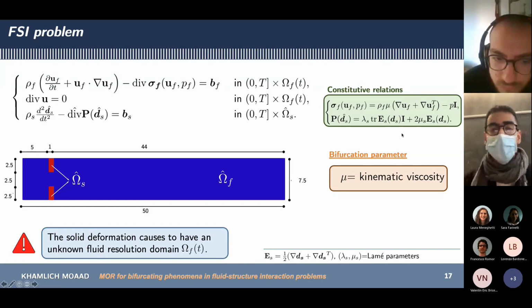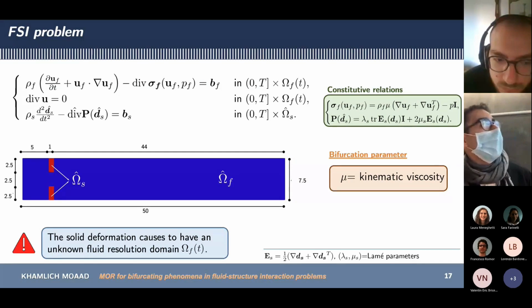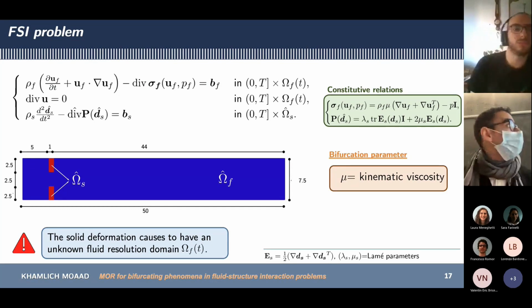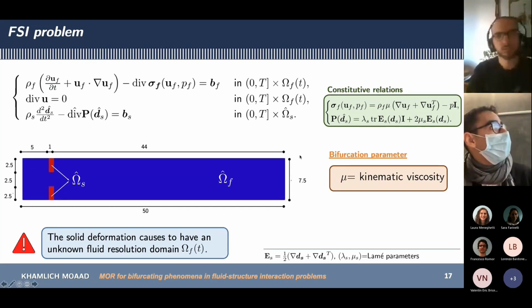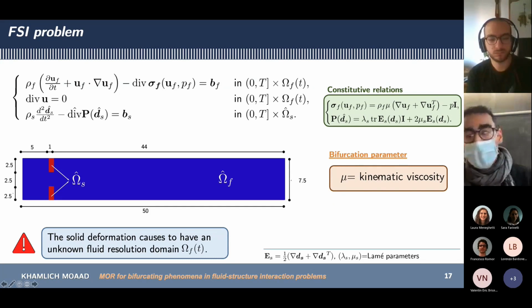And actually, we've dealt with two different cases, a linear elastic model and a non-linear hyperelastic one. And in this particular problem, as I said before, but I will recall it, the kinematic viscosity will be the bifurcation parameter under investigation.